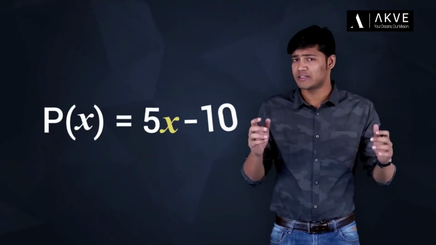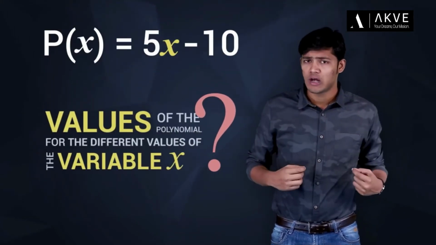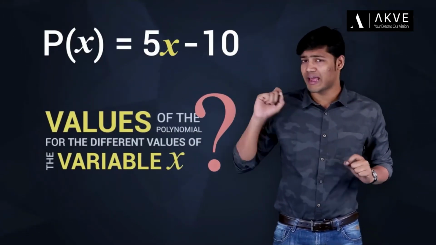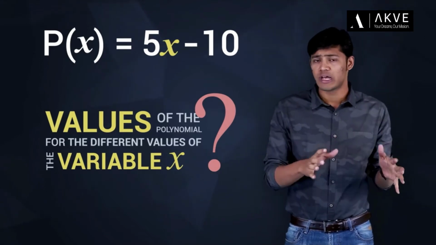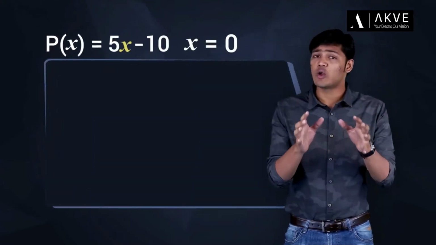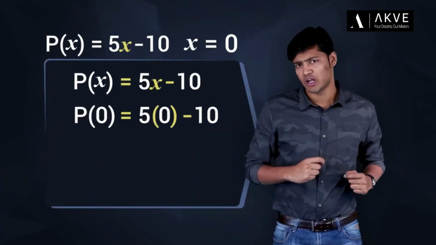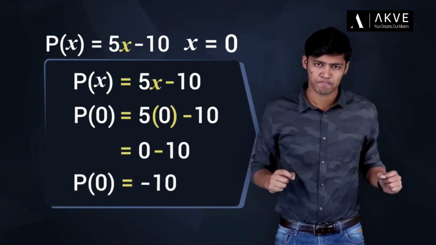Now, let's consider a linear polynomial p of x equals 5x minus 10. Let's find the different values of the polynomial for the different values of the variable x. Suppose the value of x is equal to 0, then the value of the polynomial will be 5 multiplied by 0 minus 10, which is nothing but minus 10.